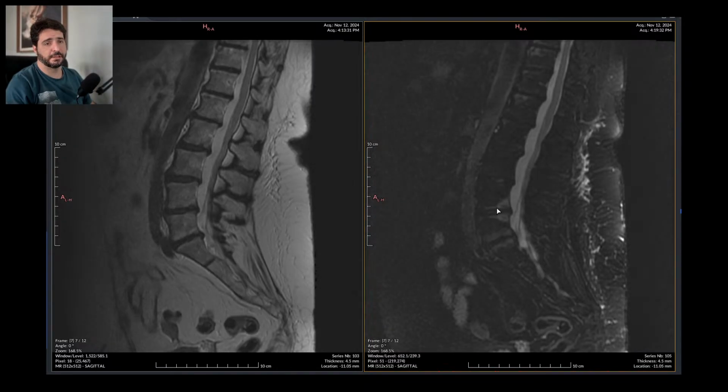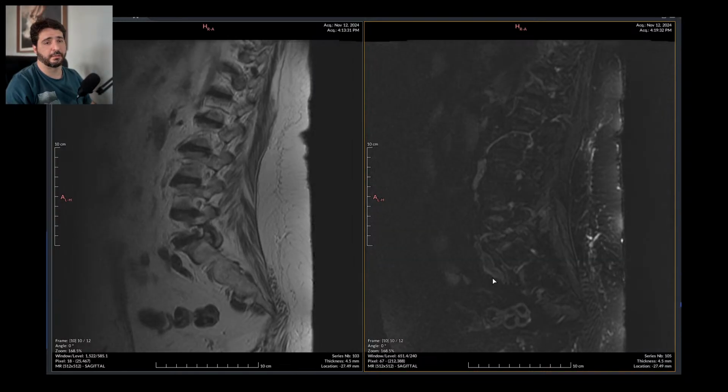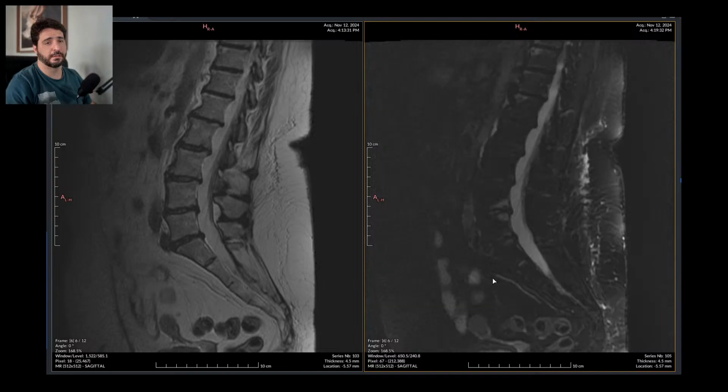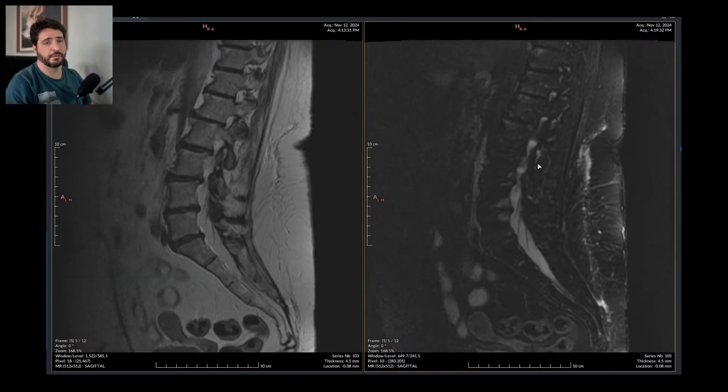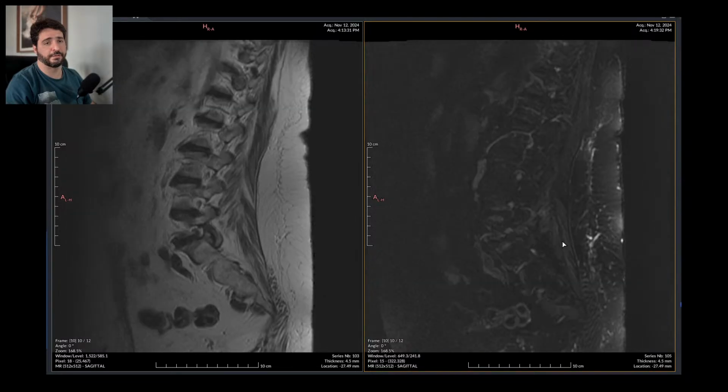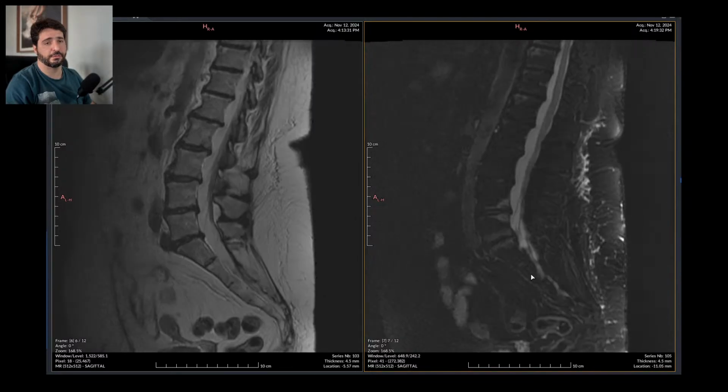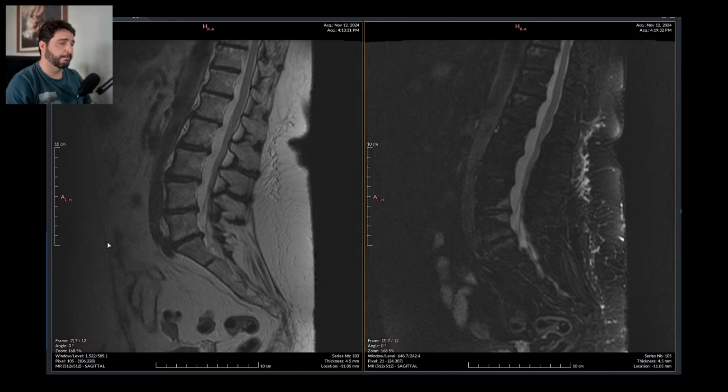I can clearly see this is edema right there and right there and right there, there and there. So we have Modic 1 and 2 at least all over the place. We also have some sort of articular effusion on a bunch of facet joints, which is also painful.